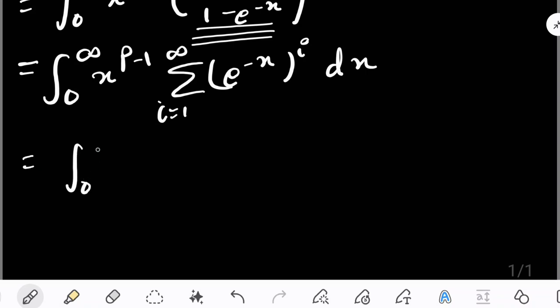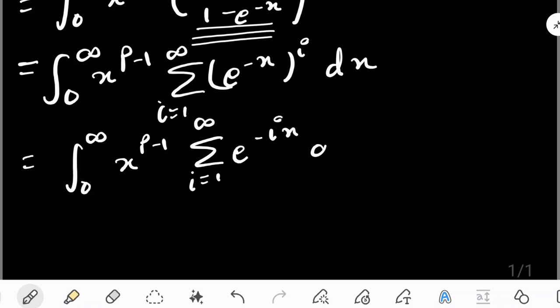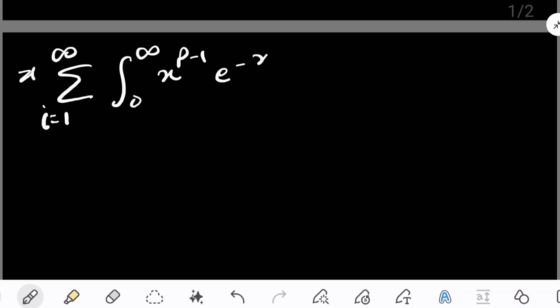So this is simply equal to the integral 0 to infinity of x to the power p minus 1 times the summation i is equal to 1 to infinity of e to the power negative ix dx, right? You can simply bring the summation sign outside and let's see what happens. You bring the summation sign outside, as i goes from 1 to infinity, of the integral 0 to infinity of x raised to the power p minus 1 e raised to the power negative ix dx, right?